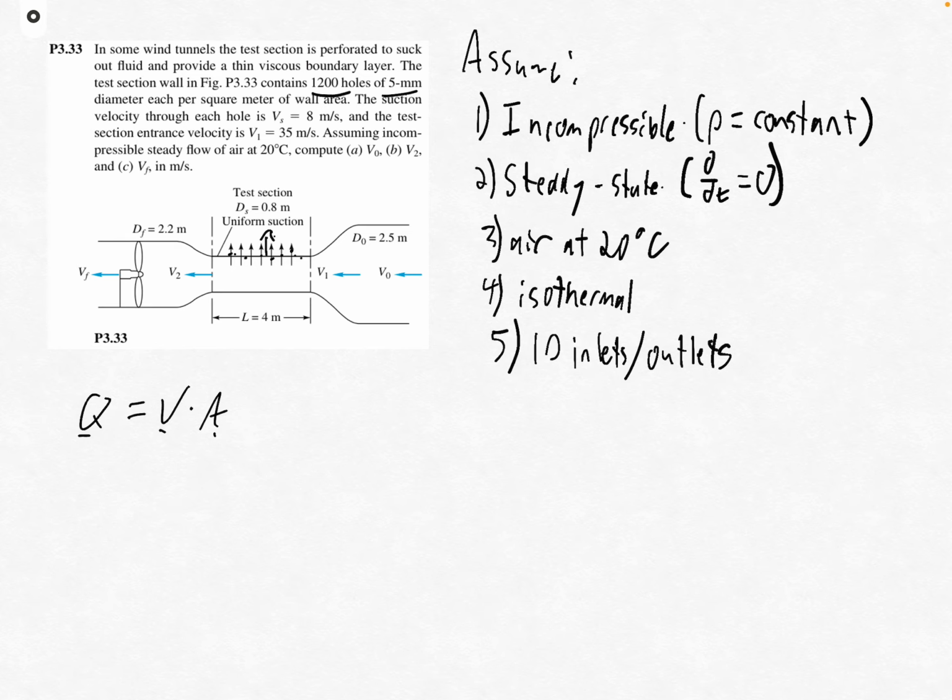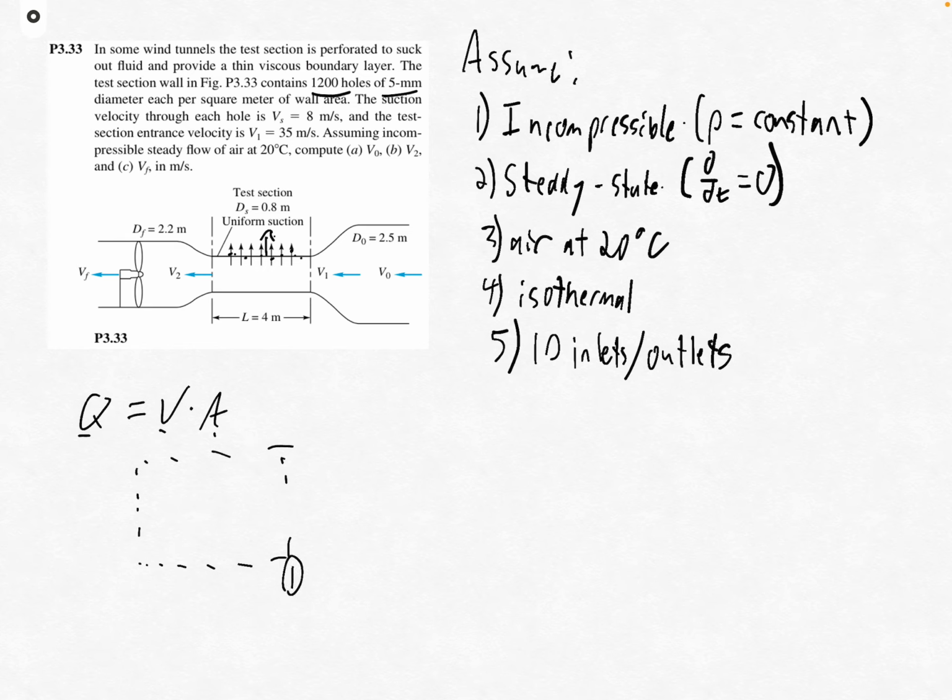And the way we're suggesting to start this problem is actually by dealing with that first of all. So let's look at first of all the control volume that considers the flow from V1 to V2.